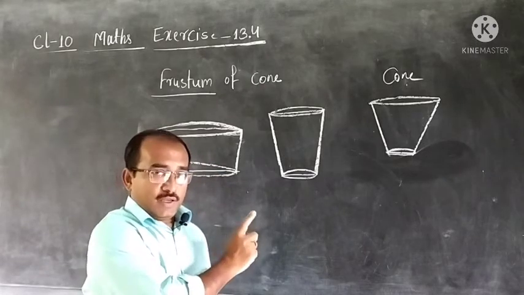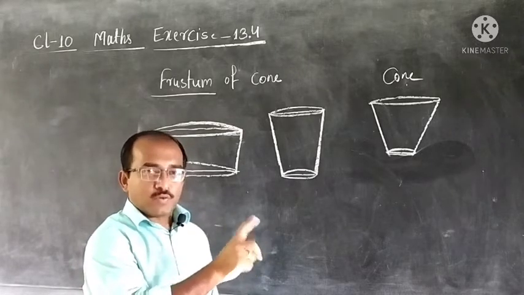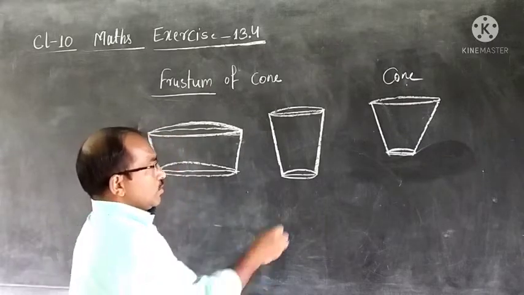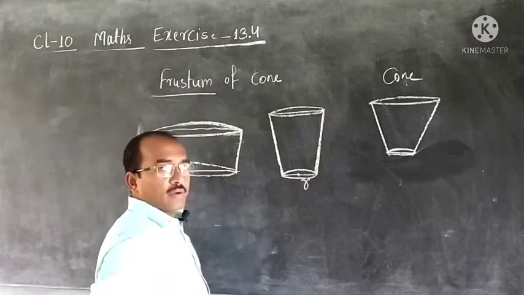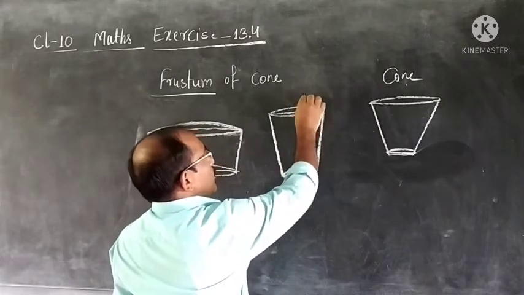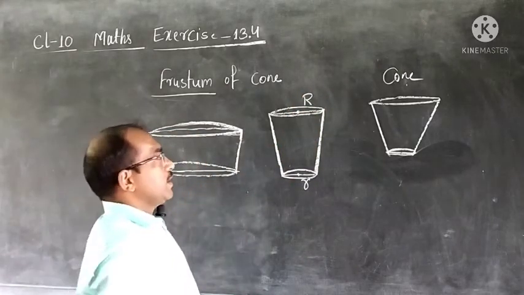But in a frustum, one end is the bigger circular end and another is the smaller circular end. We will use small r for the smaller radius and capital R for the bigger radius.